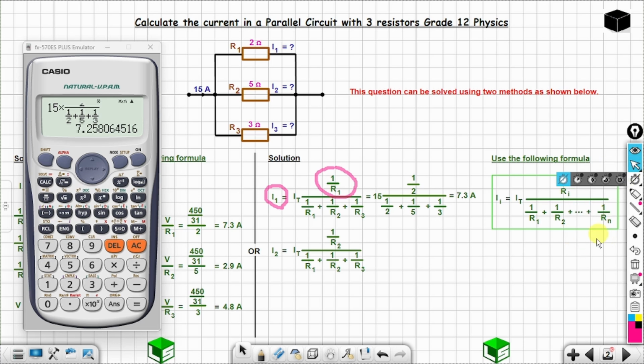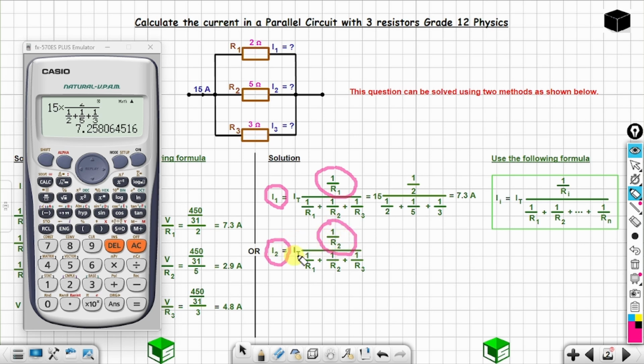Now for I2, you use the same formula. When you are calculating I2, you are going to have 1 over R2 in the numerator.